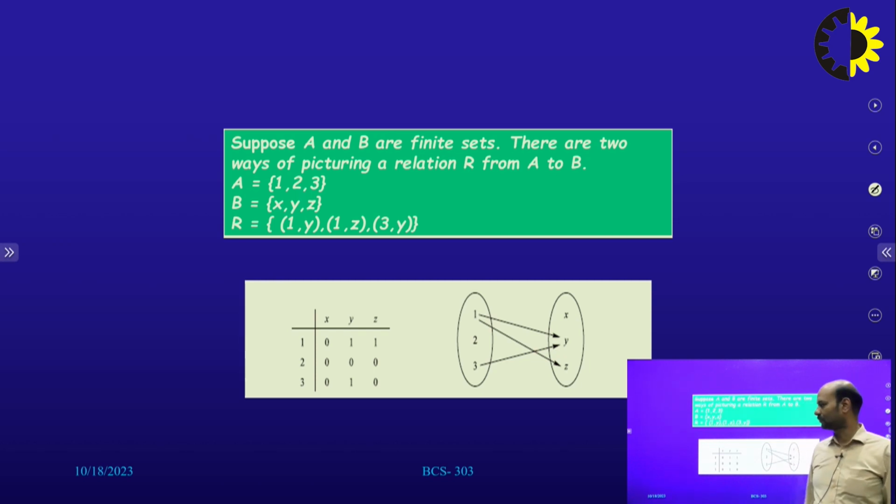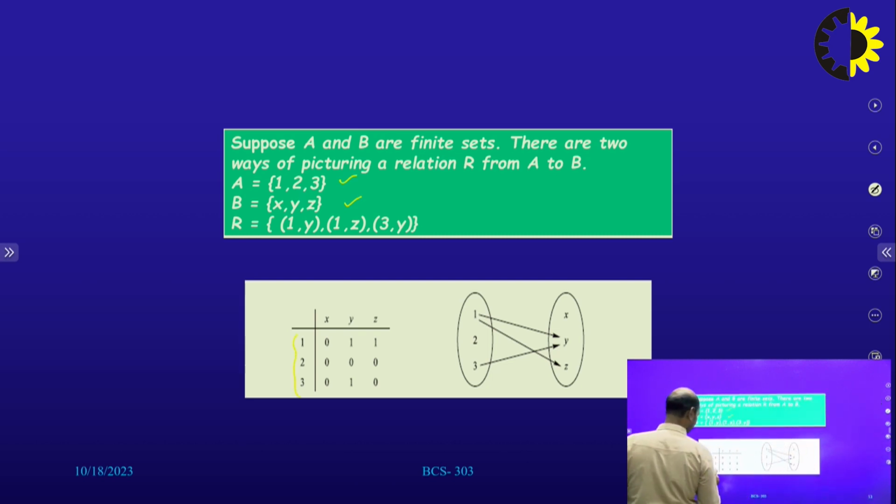We can also draw the matrix form of this relation. Suppose set A has 3 elements, 1, 2, 3, and set B has elements x, y, z. We put all elements of set A here and elements of set B here. What is the value at this position? It is the pair (1, x). Does (1, x) belong to the relation?